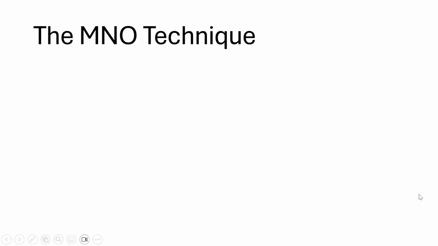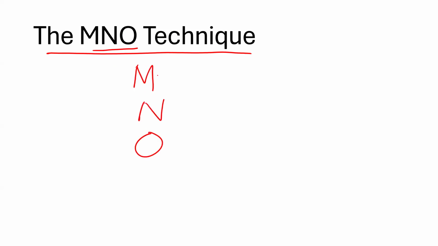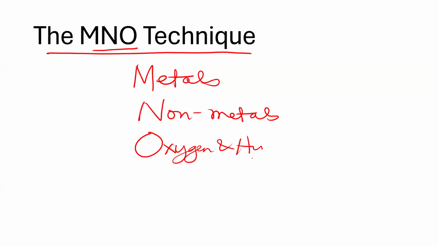Right. So without further ado, we've been discussing in the past many videos the MNO technique. And this technique is used to balance chemical equations. And MNO stands for metals, non-metals, and oxygen and hydrogen.